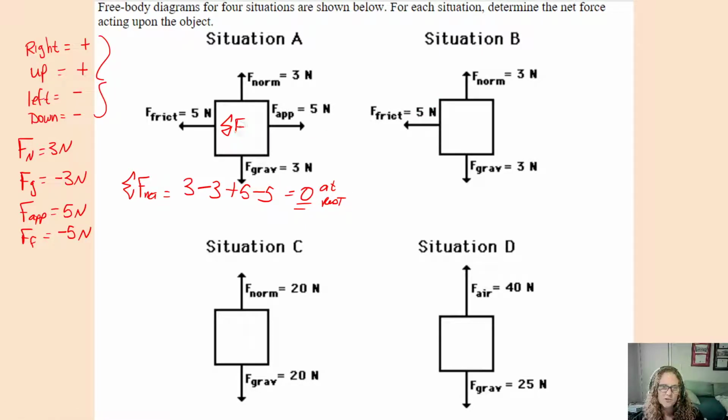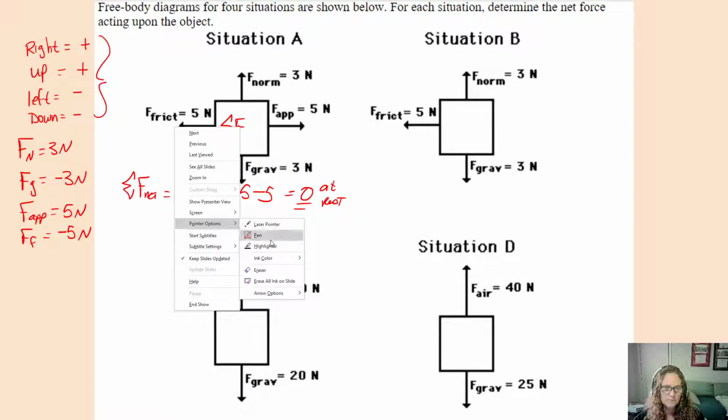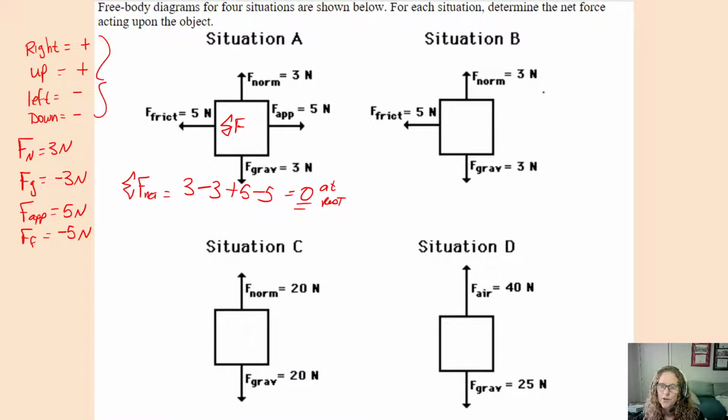So let's look at situation B. So now we have the sum of these forces is the normal force plus the force of friction plus the force of gravity. But gravity and friction are going down, so those are going to be negative direction.